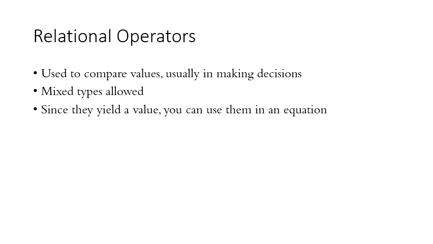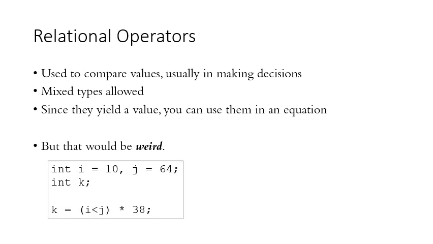So for example, this expression: k equals i less than j times 38. We embed this relational expression i less than j into the assignment expression. But it is weird and also not recommended, as it makes your program hard to read.